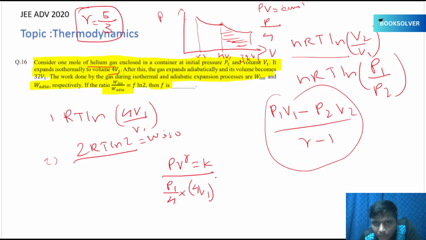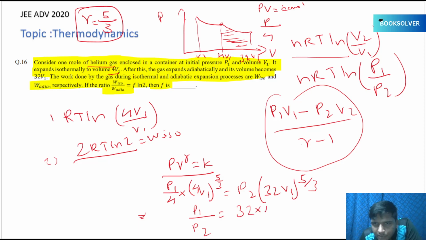Putting gamma equal to 5 by 3, this should be equal to, at the final point, P2 times 32V1 to the power 5 by 3. If we do all the calculations, we get P1 by P2 equal to 32 into 4, that is 128. So P2 technically becomes P1 by 128.